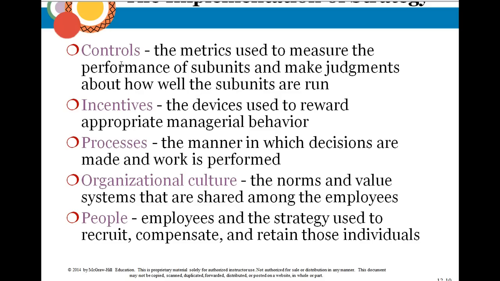Now, these are all directly linked to people. And people, we mean not just employees, but also the strategy used to recruit, compensate, and retain the individuals and types of people they are, in terms of the skills, wages, and values and orientation for the company.